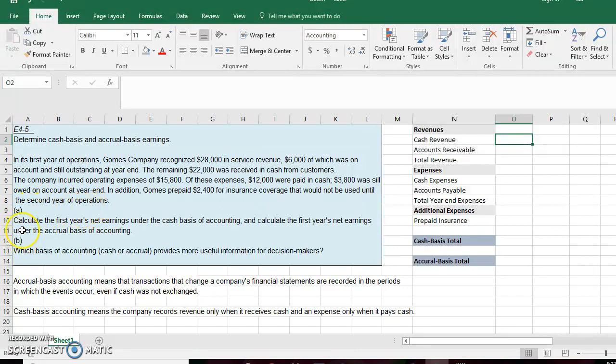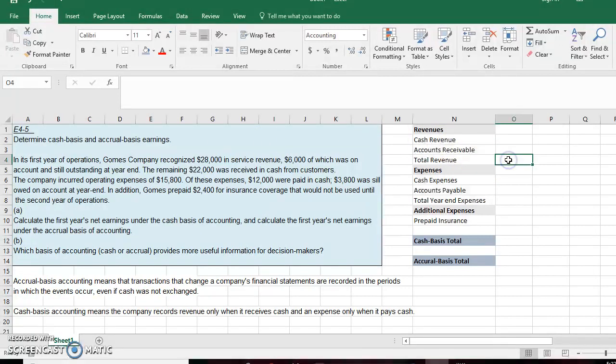The first part of our question says to calculate the first year's net earnings under the cash basis of accounting and calculate the first year's net earnings under the accrual basis of accounting. So in order to do that, we need to figure out what our revenues and expenses were. It says that they did $28,000 in service revenue, and this is the total revenue.